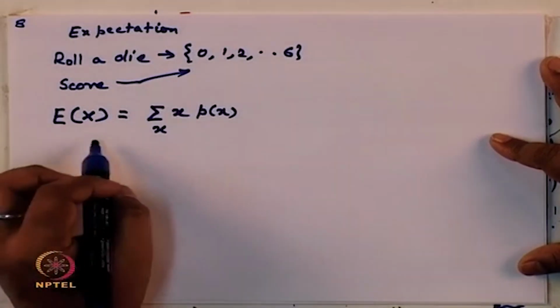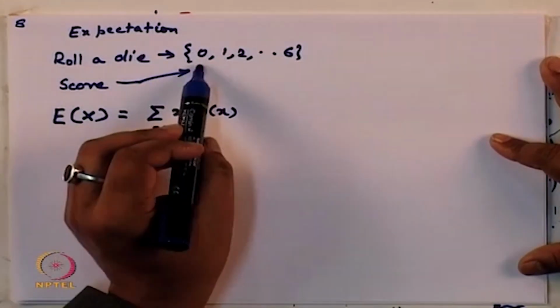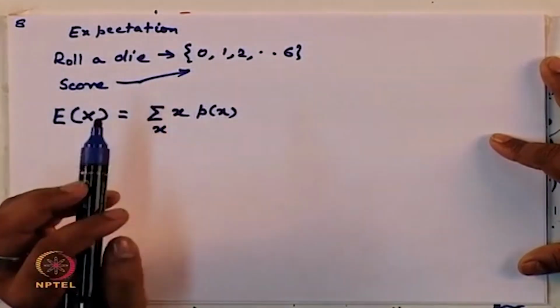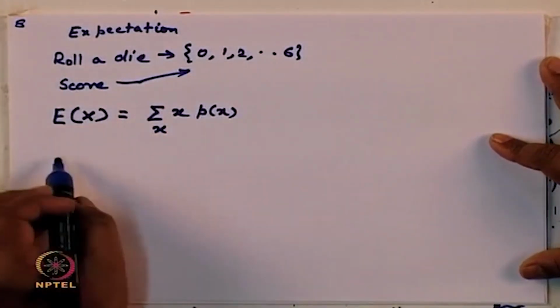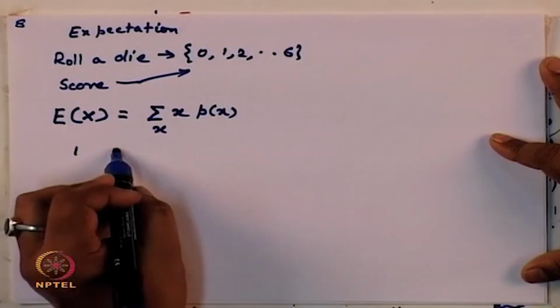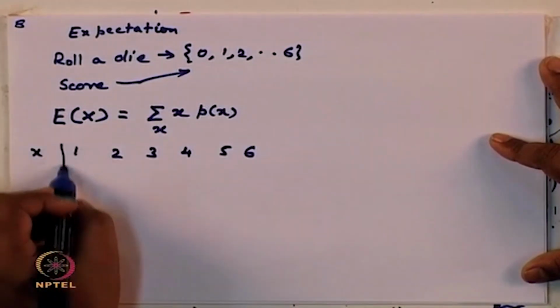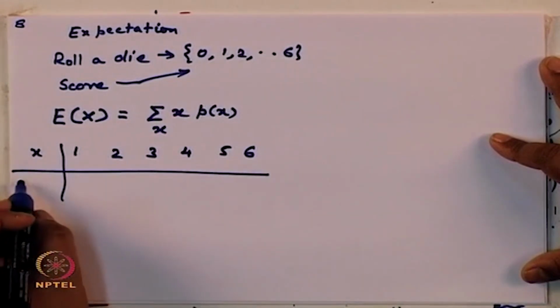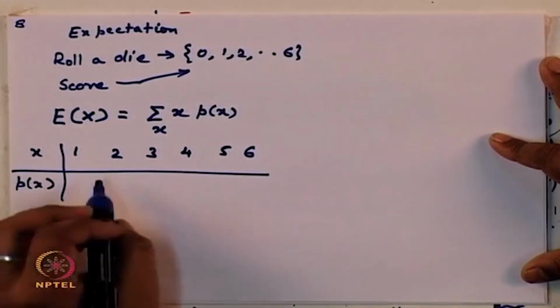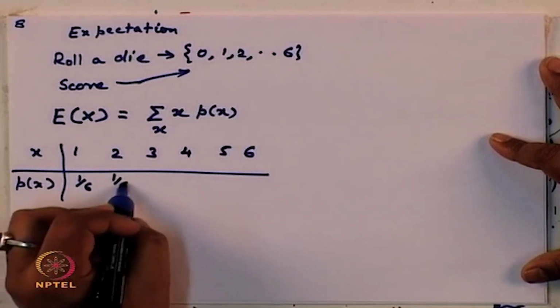Now, let us compute the expectation for the rolling of a die. You know that you have 6 values, 1, 2, 3, 4, 5, 6, as your values of x, and the probability for each of them is simply 1 by 6.